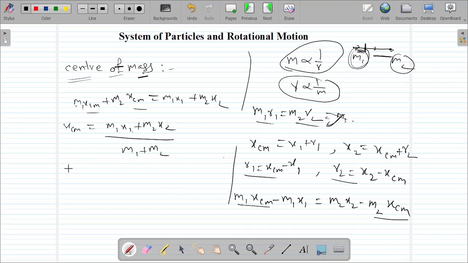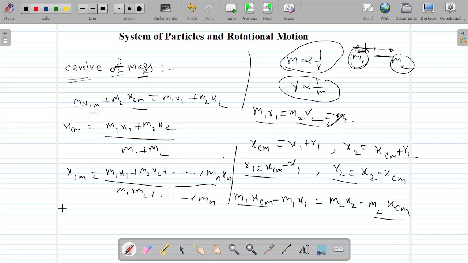So this is the basic formula. This is for two particles. If there are n particles, m1 x1 plus m2 x2 plus and so on plus mn xn by m1 plus m2 plus and so on plus mn.